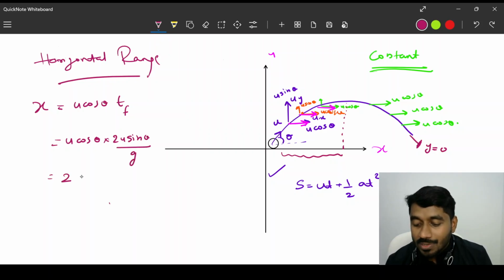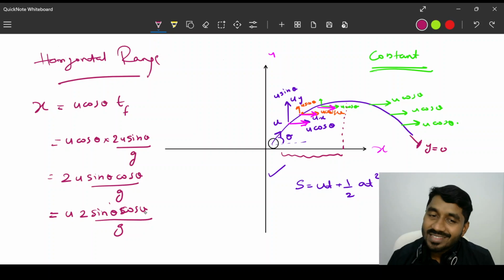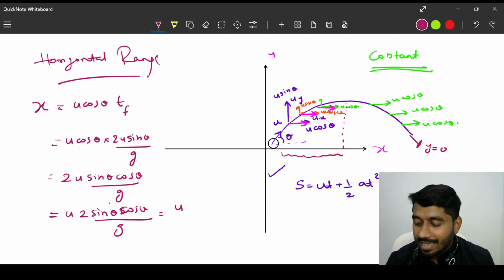Correct. Take the 2 outside. You can write it as 2u sin theta into cos theta by g. Most students know this: u into 2 sin theta cos theta by g. What is 2 sin theta cos theta? Sin 2 theta. So we can write u into sin 2 theta by g.